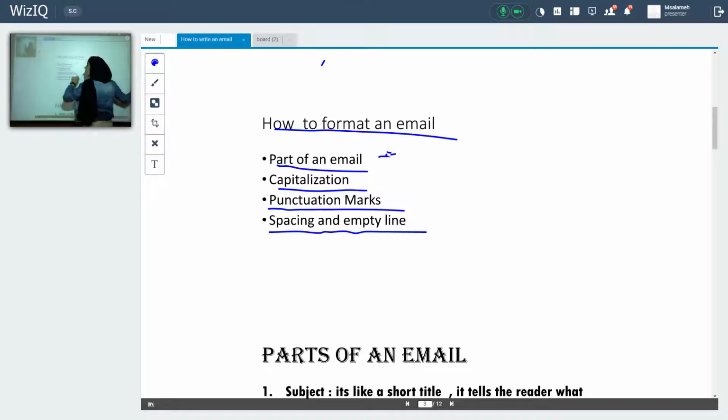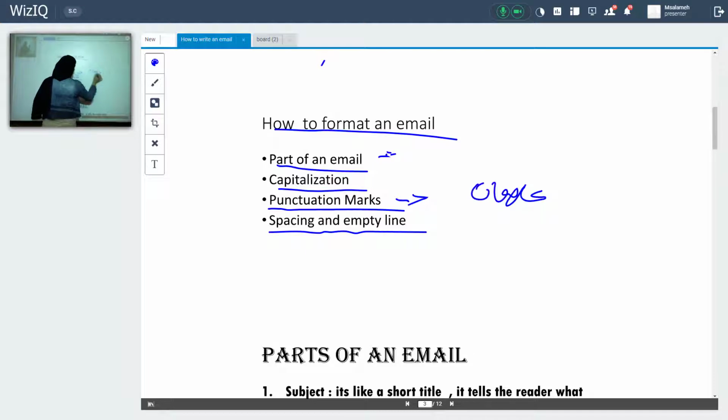Okay, capitalization, that means to write it with a capital letter. Which word should I write with a capital letter? Okay, punctuation marks, that means علامات الترقيم.